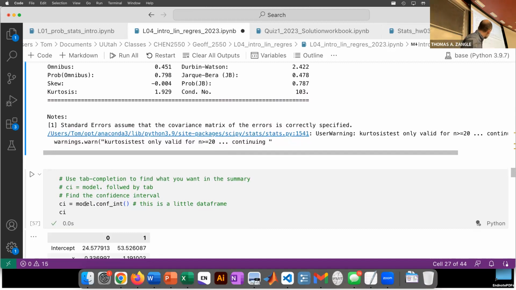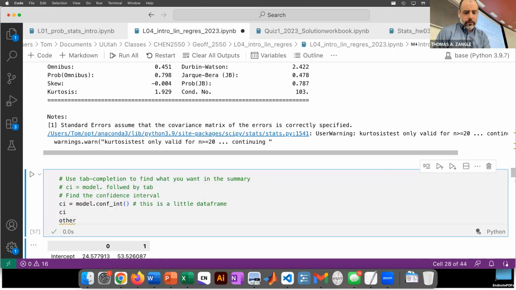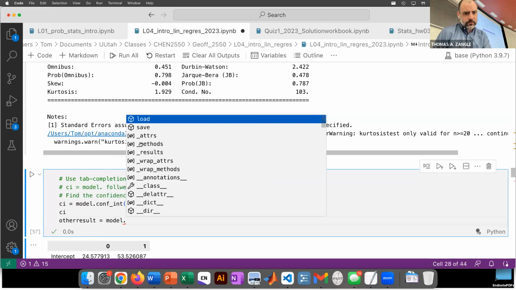Now this model object that comes out of that OLS function, ols.fit, contains all of the statistics about this fit. It's all computed for us and stored within this model. You can then look at what's in there. So we can say, some other results is model dot.